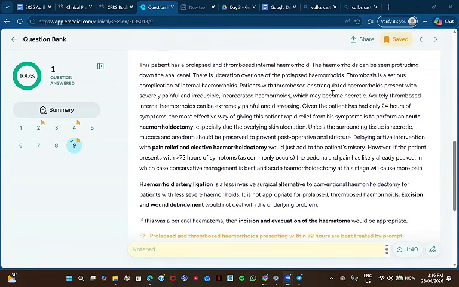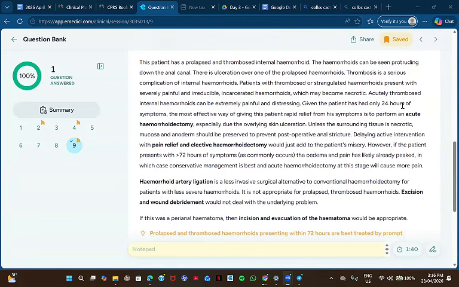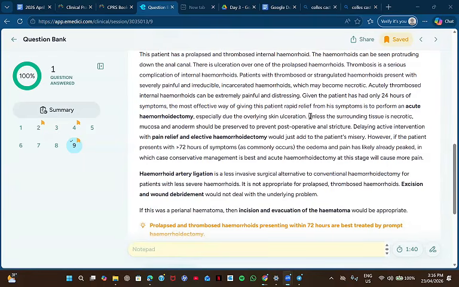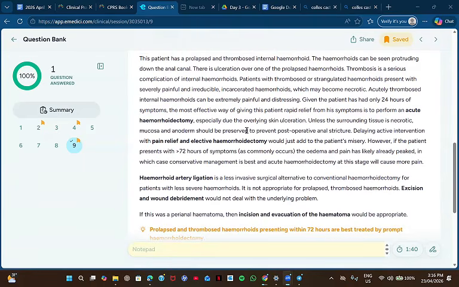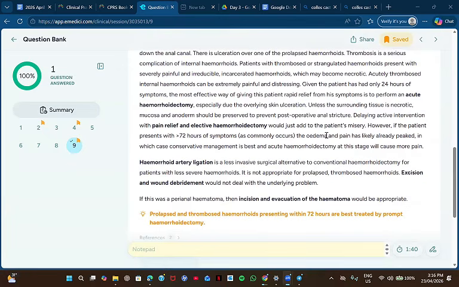Patients with thrombosed or strangulated hemorrhoids present with severely painful and irreducible incarcerated hemorrhoids, which may be necrotic. Acute thrombosis of internal hemorrhoids can be extremely painful and distressing even if the patient has only 24 hours of symptoms. The effective way of giving this patient rapid relief from the symptoms is to perform acute hemorrhoidectomy, especially due to the overlying skin ulceration.